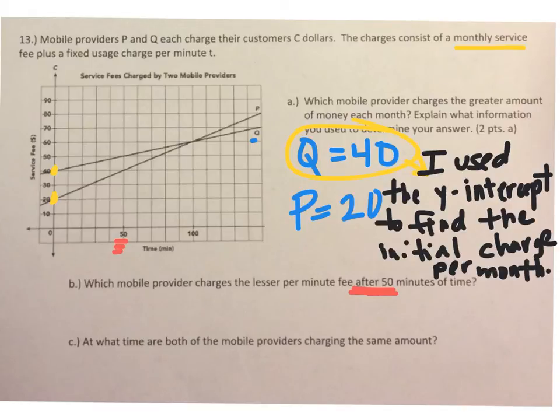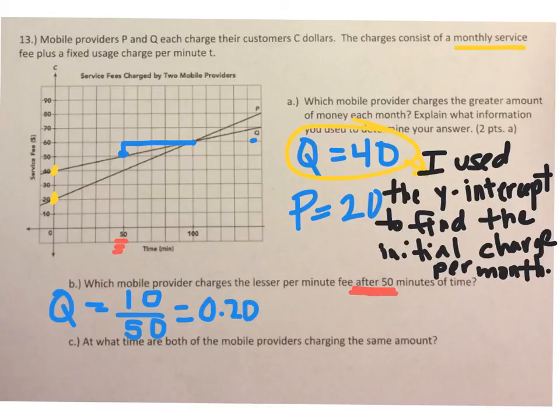I'm going to start right here on line Q and go to here, rise and run. So this is rising by units of 10, line Q. It looks like it rises 10 and then it's running 50. And 10 divided by 50 is 20 cents per minute for line Q.